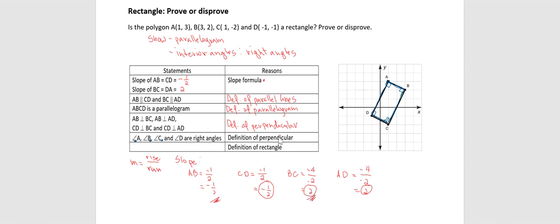So this is by the definition of perpendicular lines, stating that if two lines are perpendicular, then they form right angles. Now, since all the interior angles are right angles, then by the definition of a rectangle, our polygon ABCD should be a rectangle.